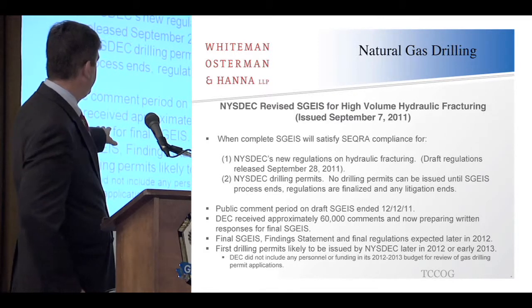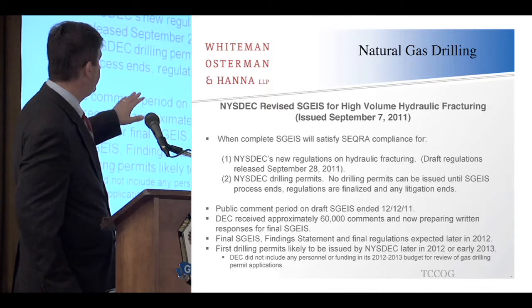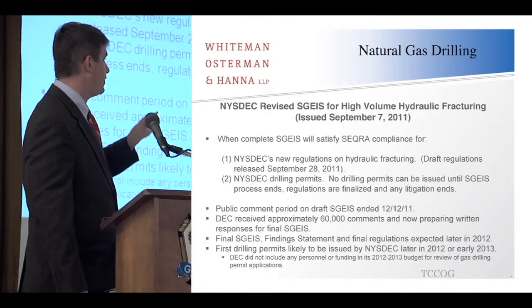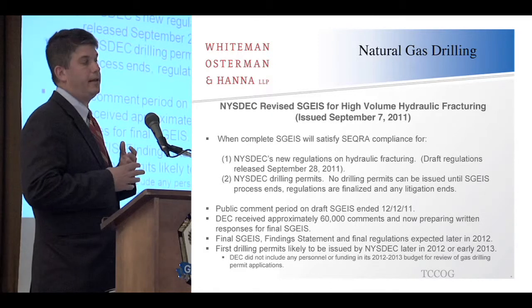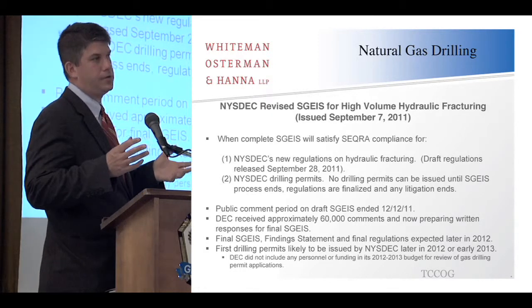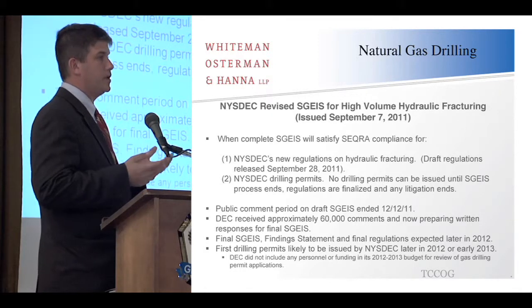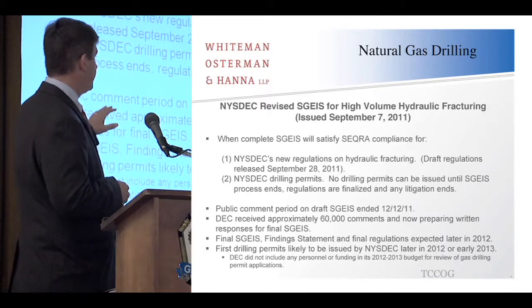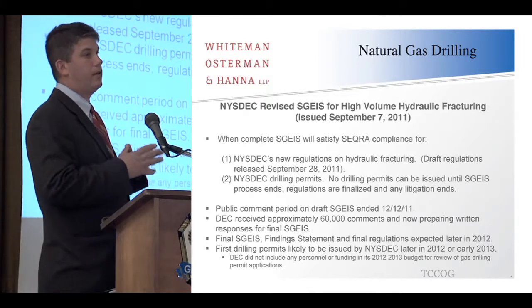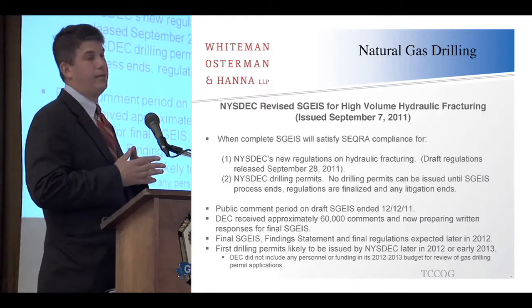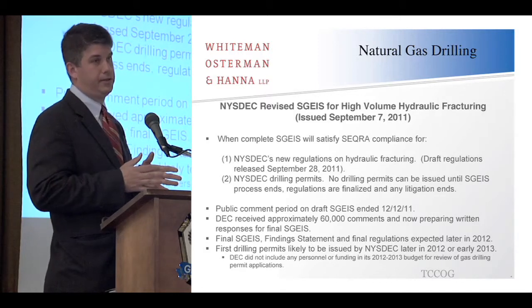Once the final GEIS is done, there need to be findings statements and then the final regulations to be adopted. Whether that all happens at the end of 2012 or bleeds over into 2013 remains to be seen. The first drilling permits can't be issued until all of that is completed, and they can't even review the applications until all of that is completed.